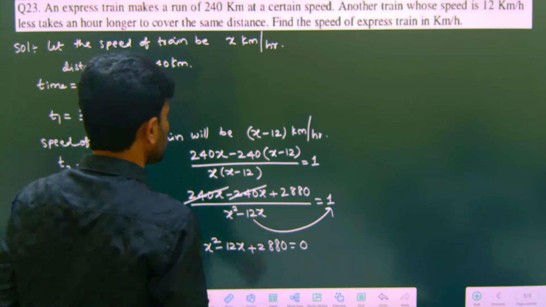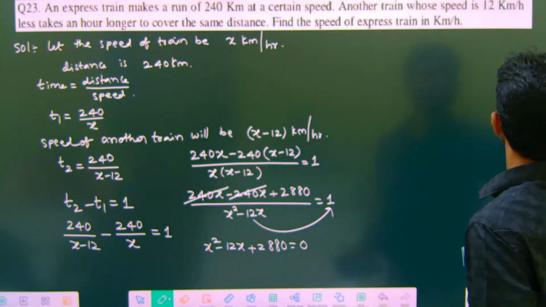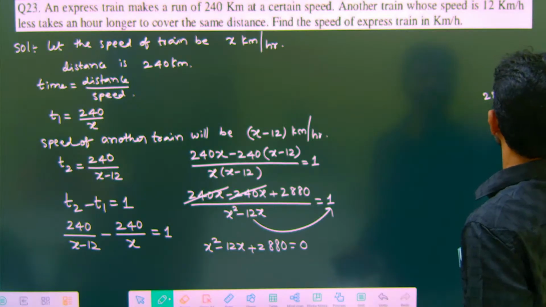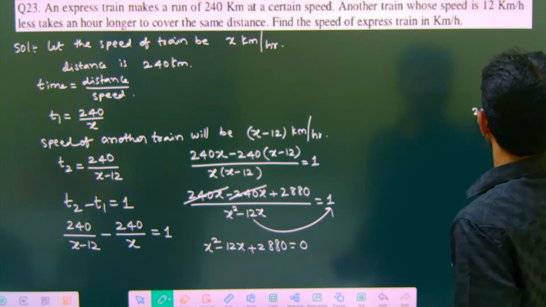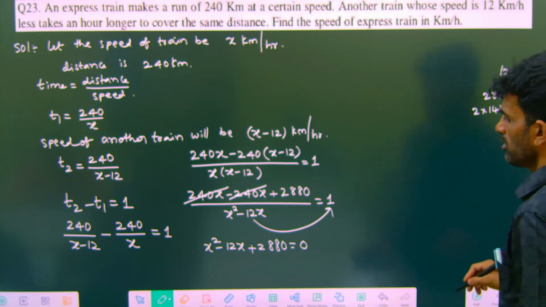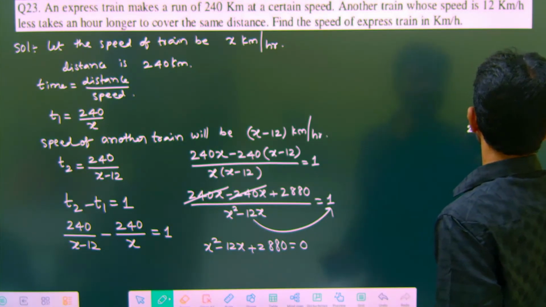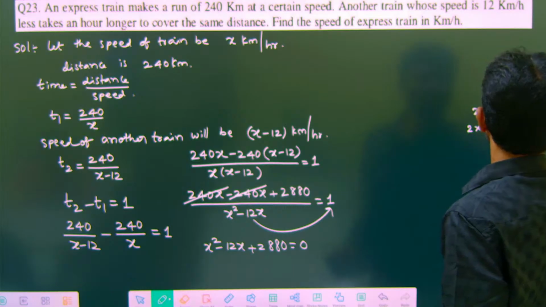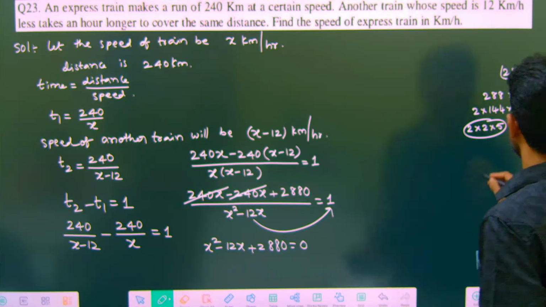Now you have to take the factors of 2880 such that we get 12. You can write 2880 as 288 into 10, which is 2 into 144 into 2 into 5. We have to get 12 there. This is 20, this is 144, and you do not get 12 from these two.